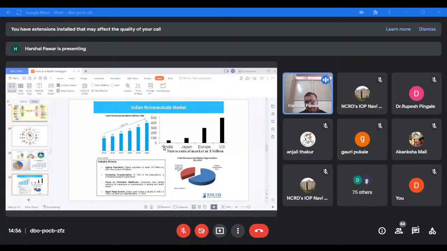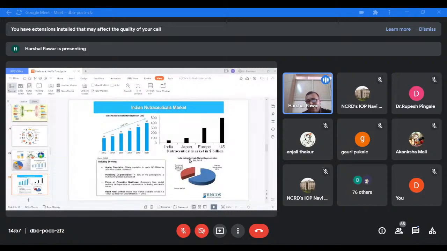So a lot of reasons are there behind that, but currently if you see the nutraceutical industries in India, they are growing at a very fast rate of around 17%, right? This is because of the presence of an aging population, and most importantly the awareness is increasing among the Indian population with regard to functional foods and nutraceuticals.